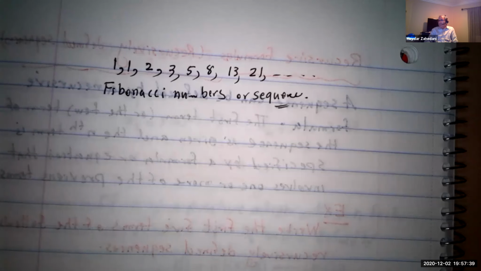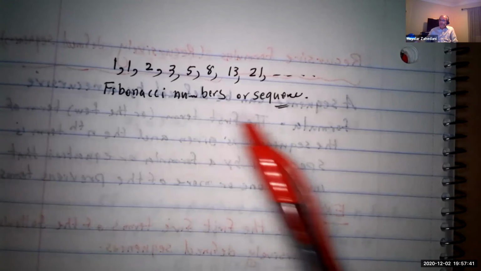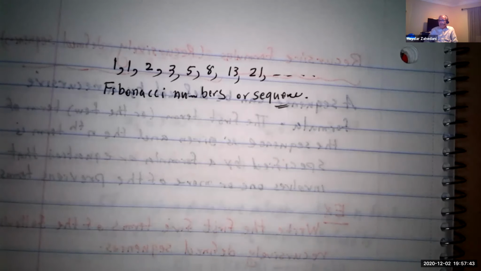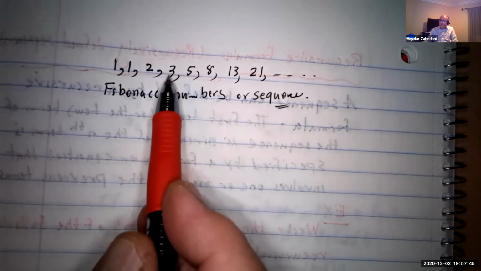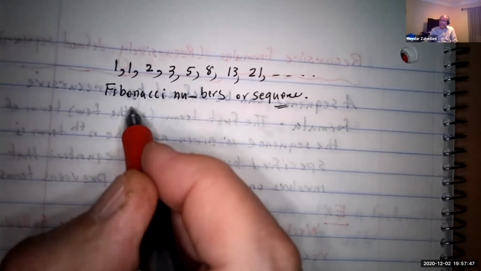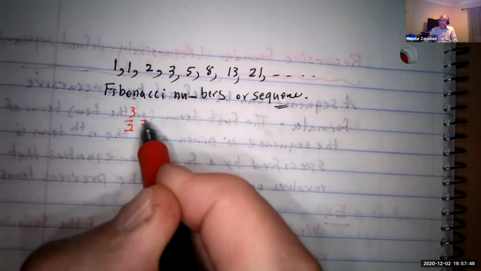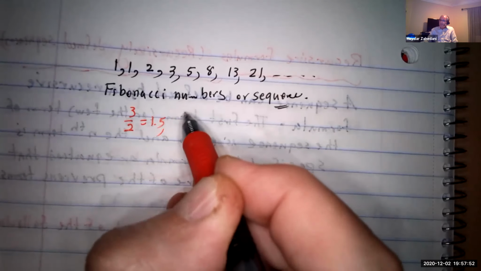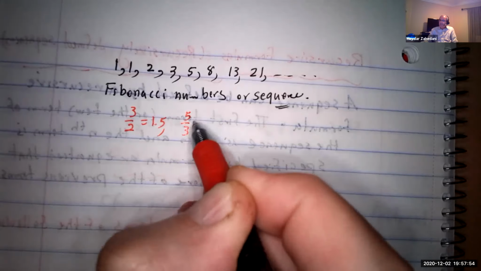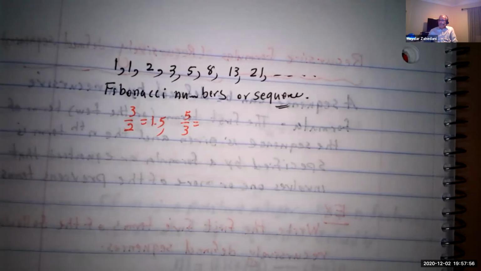This sequence, if you consider any two consecutive terms, you see the ratio of the consecutive terms. If you start from here, you see 3/2 is going to be 1.5. But if you get 5/3, okay, that should give you something like 1.66.